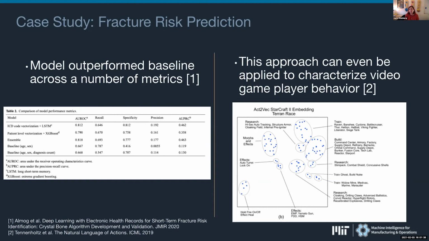It's not an apples to apples comparison, but we did a thorough literature review on other models used for fracture prediction, and our method far surpassed them. In fact, after this publication, we even submitted a pre-submission inquiry to the FDA and received a lot of really good feedback from the FDA at the end of last year before I left.